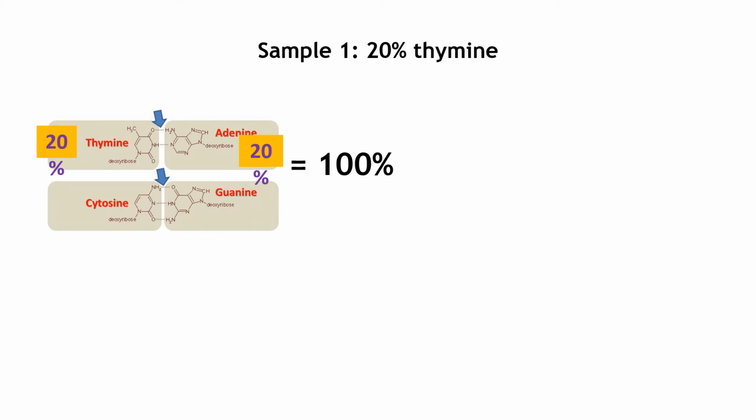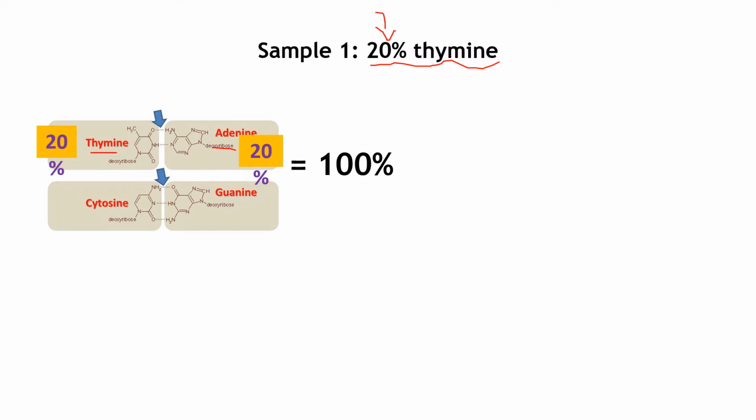Okay, so the first thing I want you to remember is that in this sample they gave us thymine, so we know there is thymine at 20% concentration. But there is something called Chargaff's rule: the concentration of thymine and adenine will be the same because they are complementary, yeah?